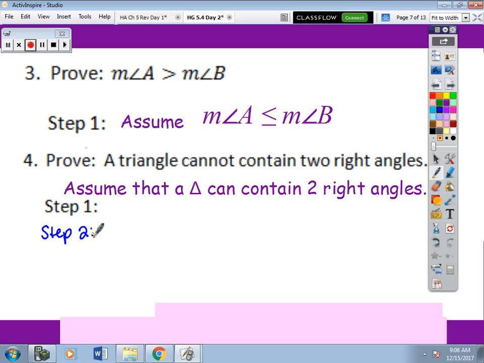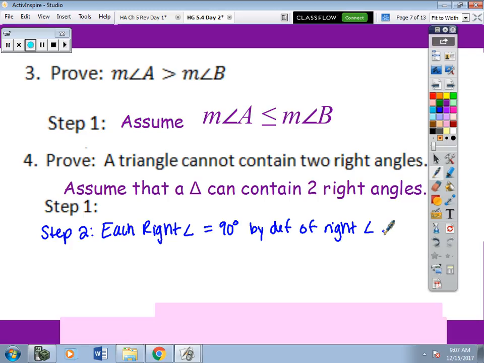What does it mean to be a right angle? Elin? Good. We know that each right angle has 90 degrees, by the definition of a right angle. If we have 2 right angles, that's going to contradict what, right?